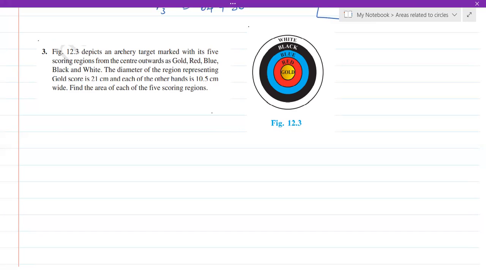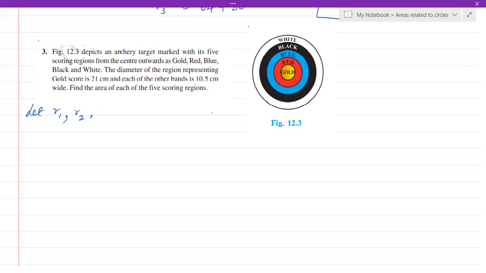So let R1, R2 be the radii. There are totally how many circles? 1, 2, 3, 4, 5, isn't it? 5 circles. So we have 5 radii.